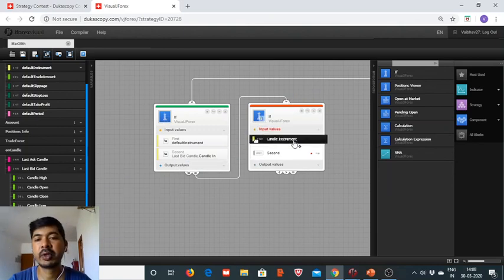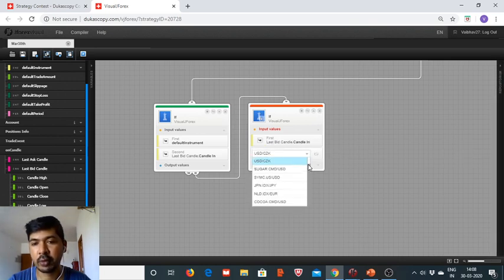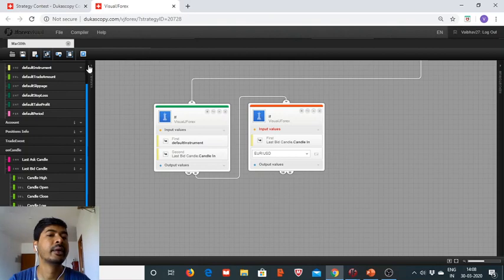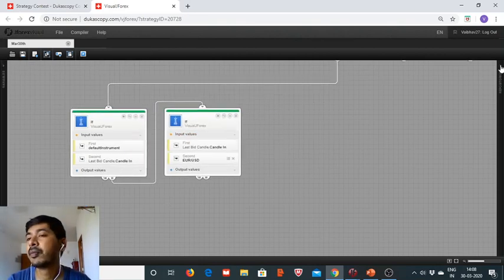Again we check the candle instrument to be Euro USD. Here we will select the Euro USD. So here is Euro USD, we got it. Okay, job done, the instrument subscription.